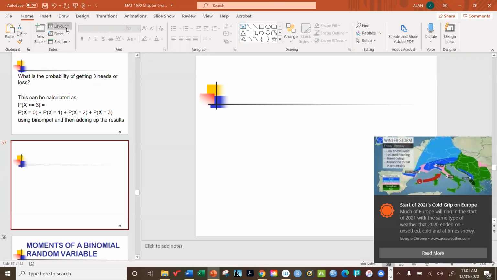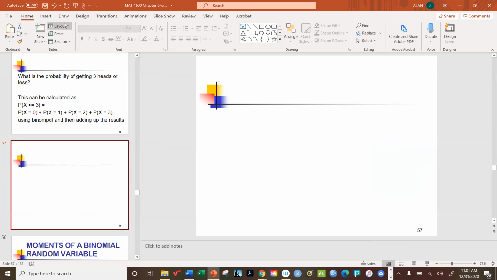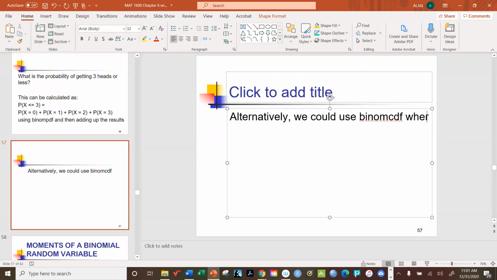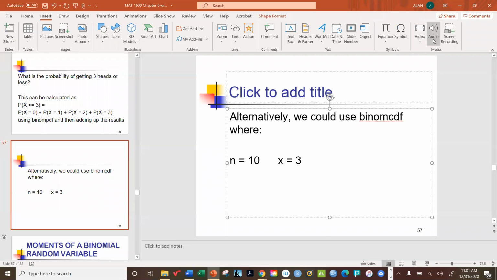The other option would be we could use Binom CDF, where n would be 10, x would be 3, and then of course pi would be 1/2, because the 3 represents less than or equal to 3. Instead of the individual values, you would actually have less than or equal to 2 here.